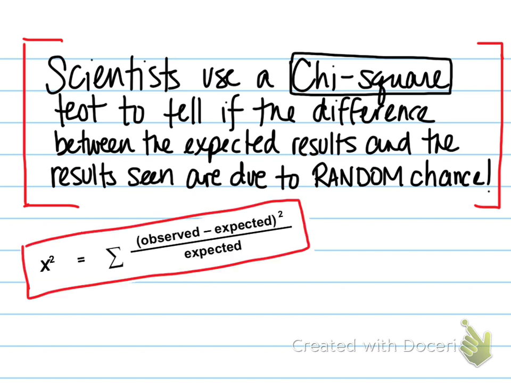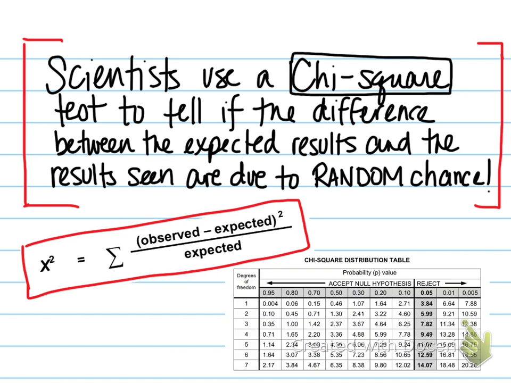So chi-squared looks like this, where chi-square is equal to the sum of, don't worry about that for now. But it's a fairly simple way to take your observed results, compare them to what you expected to get, and compare that to some known values to determine whether you should say, yeah, what we found is statistically significant, or we're not sure. It could just be random chance.